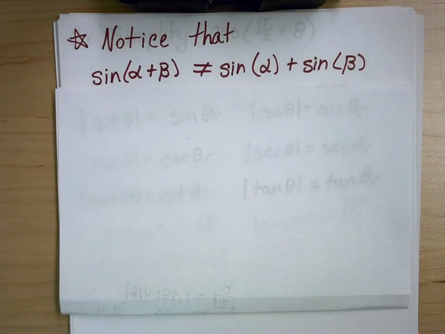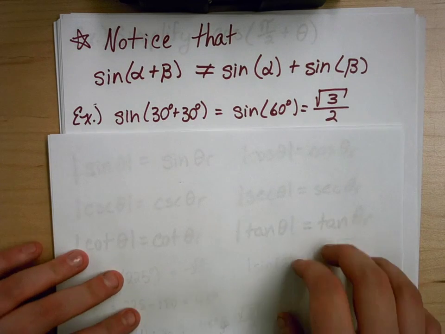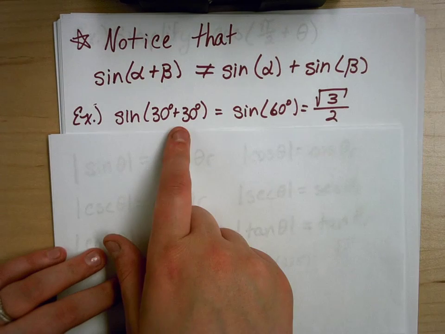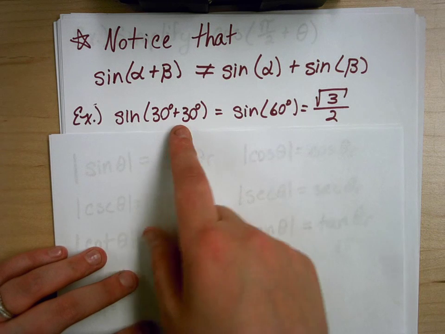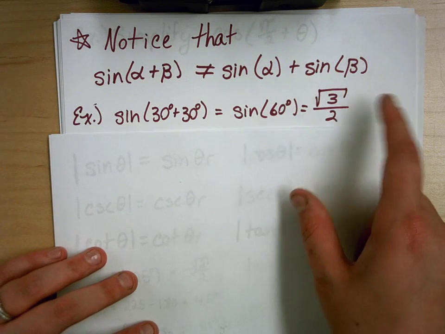Now notice that sine of alpha plus beta doesn't equal sine of alpha plus sine of beta. For example, if we take sine of 30 degrees plus 30 degrees, that equals sine of 60 degrees, and on the unit circle we know that's root 3 over 2.